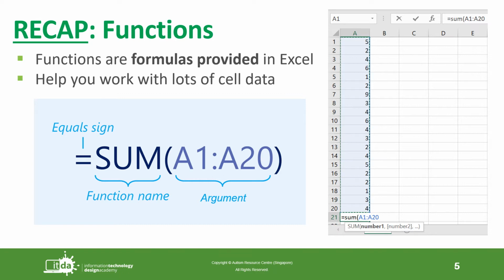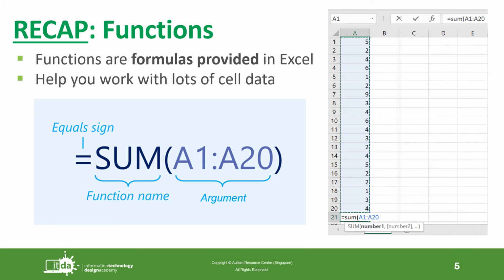After the function name, it is followed by a set of brackets, and within the brackets is your argument. Your argument is something like a cell range. For this example, we are doing a sum of A1 all the way to A20. That means we're adding up all the cell data from cell A1 all the way to cell A20.